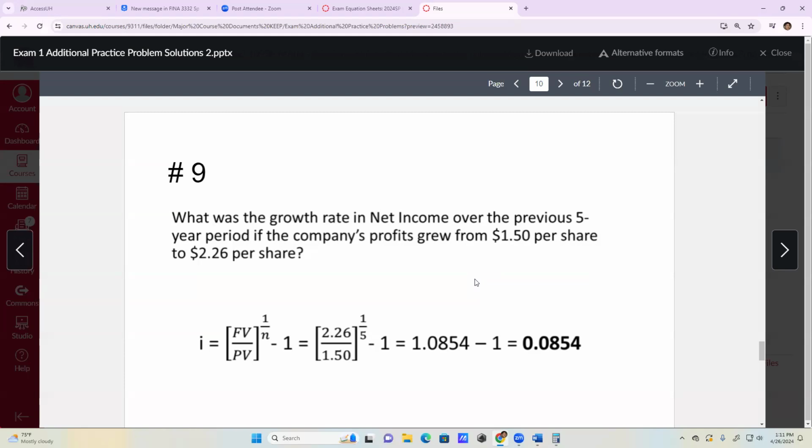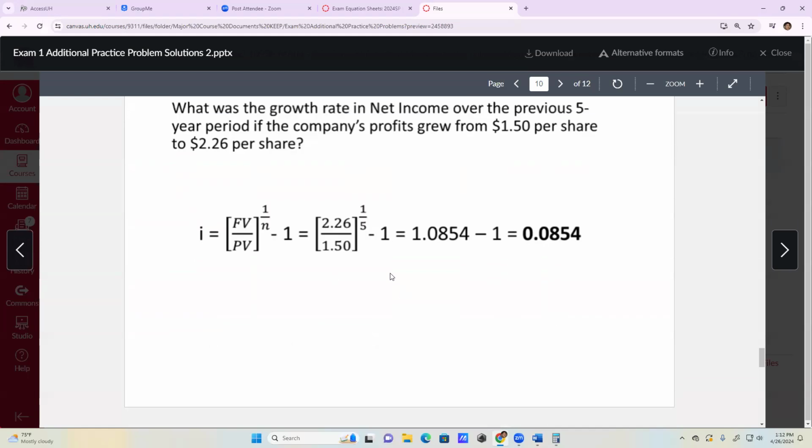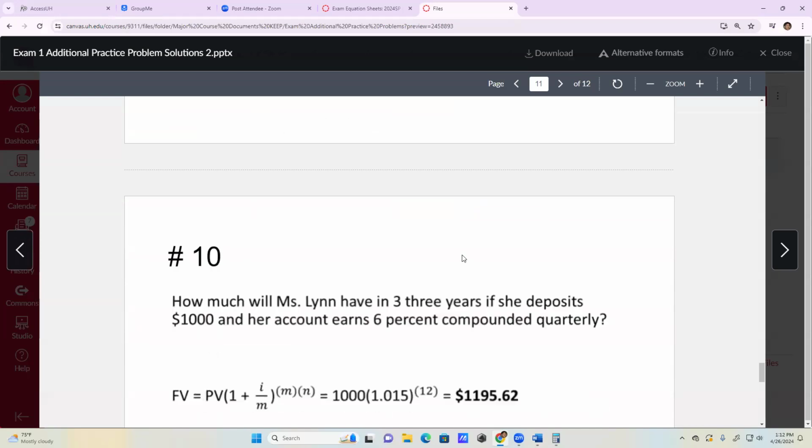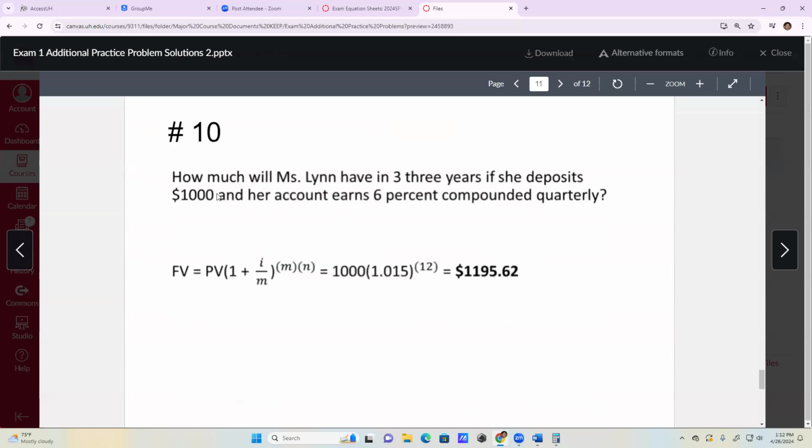How many years? 5 years. Compute interest rate. Now you got 8.54. So if you're not sure which one to use, just do both and see which one you get.